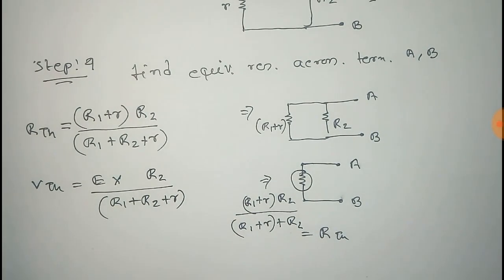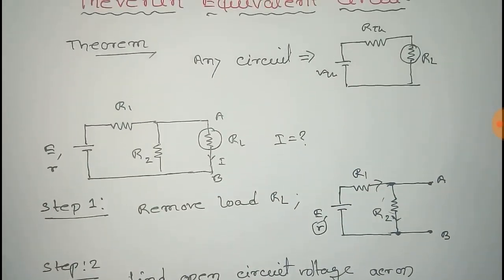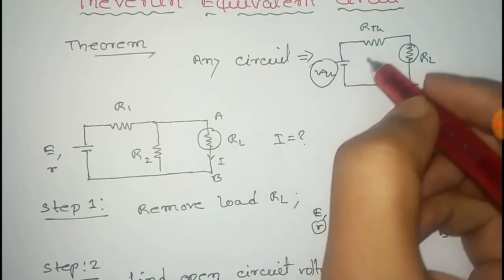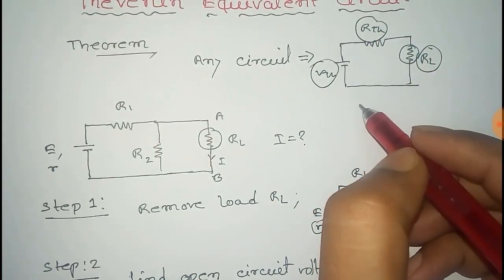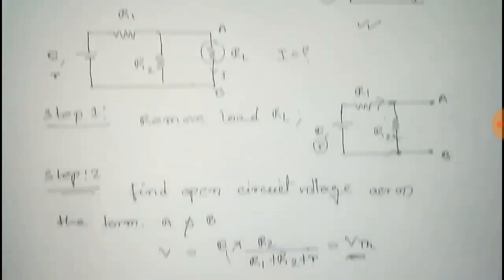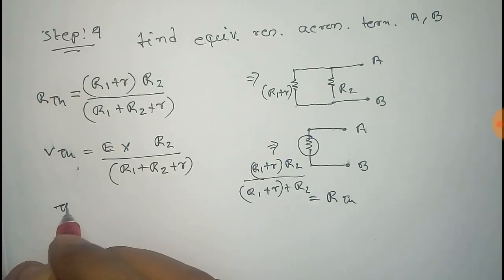Now we can convert it to the Thevenin equivalent circuit, because we have the values of Vthevenin and Rthevenin, and the load resistance is given, so we can easily convert it. So the Thevenin equivalent circuit is drawn like that.